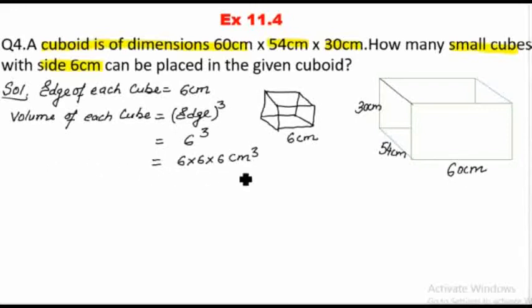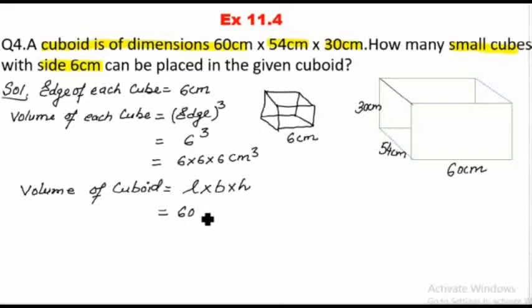This is the volume of the cube. Now the volume of cuboid, formula is length into breadth into height. Length is 60 into 54 into 30.